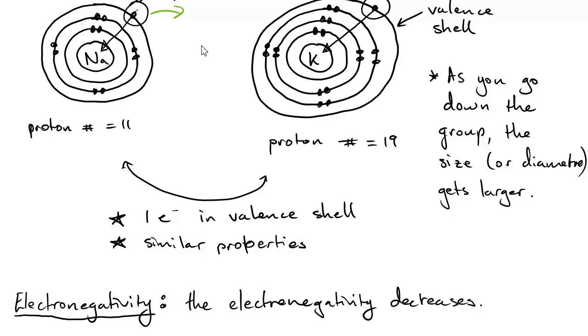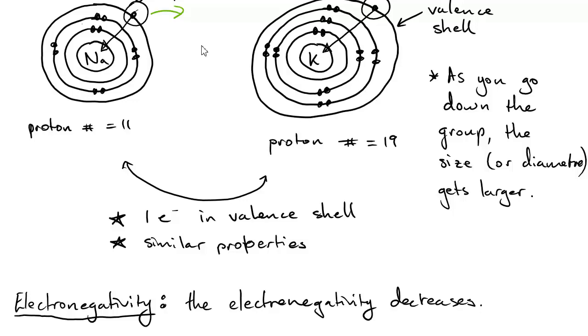The electron in potassium is further, the valence electron in potassium is further out. So basically the electrostatic attraction is a little bit less of that electron there towards the center of the nucleus. And what this causes, it actually causes the electron to be more easily released.